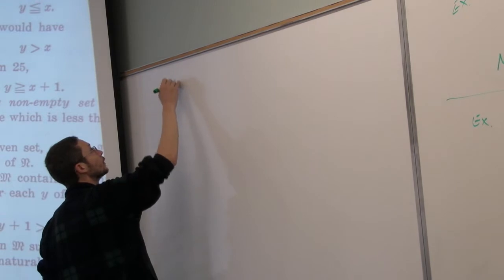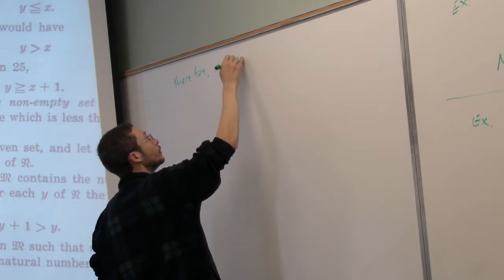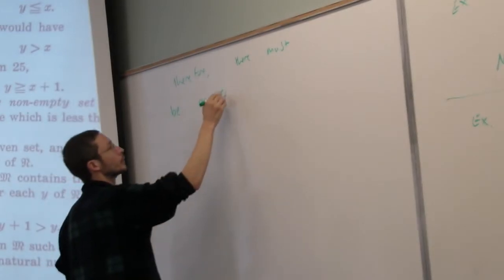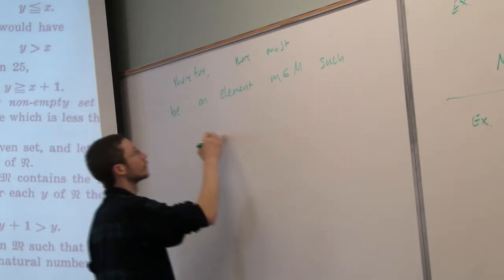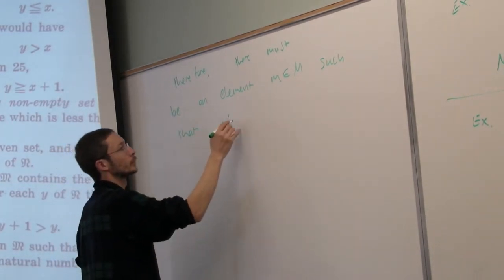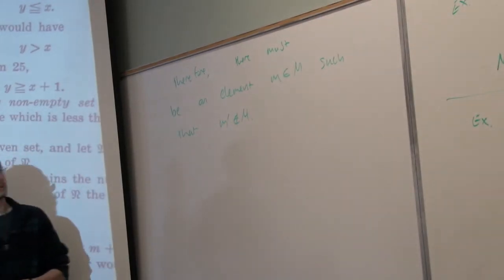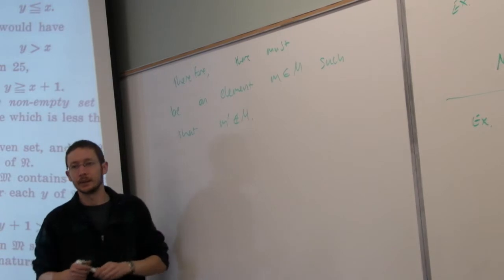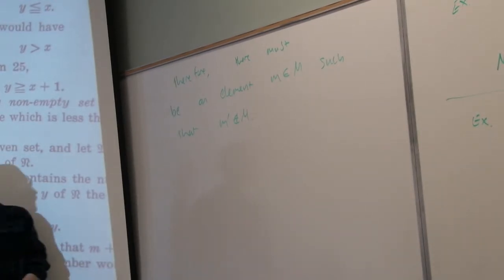Okay. So what we notice is that there's got to be some element in M where the successor fails to be in M. And I haven't explained the reason why yet, so if you're confused why that has to be true, I'll explain it in just a second.